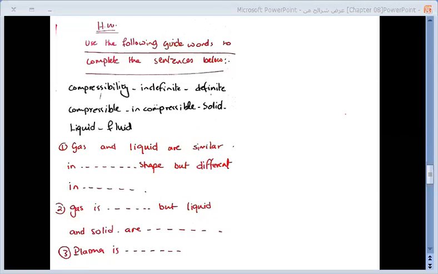Number two, gas is dots, but liquid and solid are dots. What is the similarity between the gas from one side and the liquid and solid from the other side? Who wants to answer?